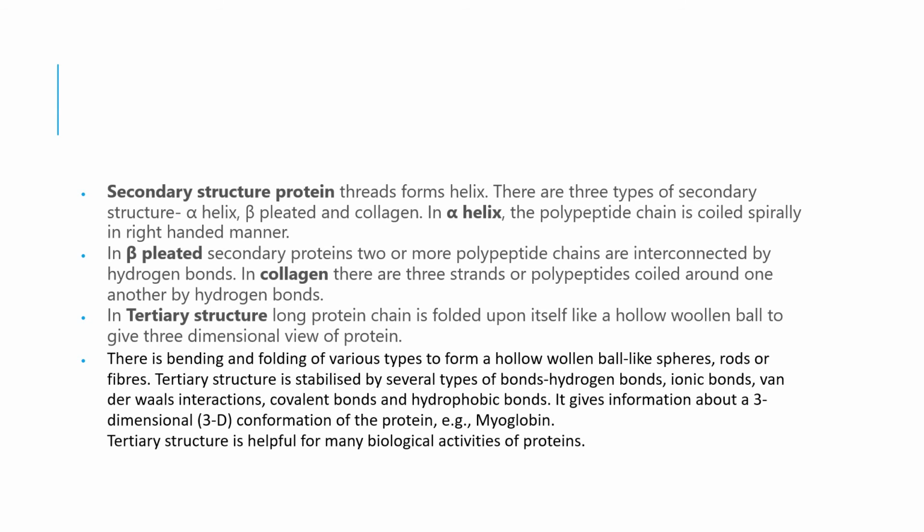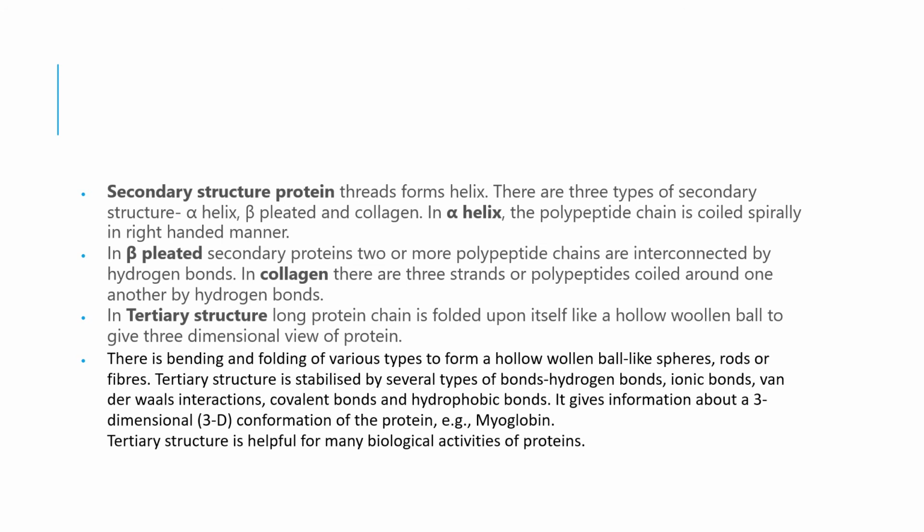You will get the diagram in the next slide. In beta pleated secondary proteins, two or more polypeptide chains are interconnected by hydrogen bonds. And in collagen, three strands of polypeptides are coiled around one another by hydrogen bonds.